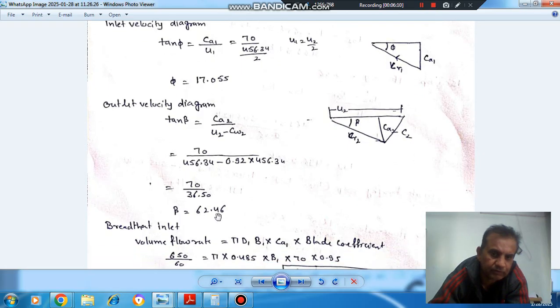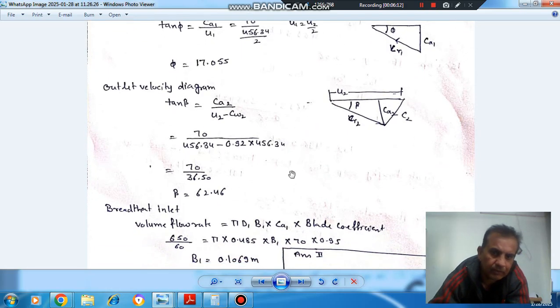So beta is 62.46. Now the breadth at inlet can be calculated from the volume flow rate. The area at inlet is pi D1 B1, the velocity at inlet is the flow velocity CA1, and the blade area coefficient is 0.95. From these, B1 comes as 0.1069 meter.